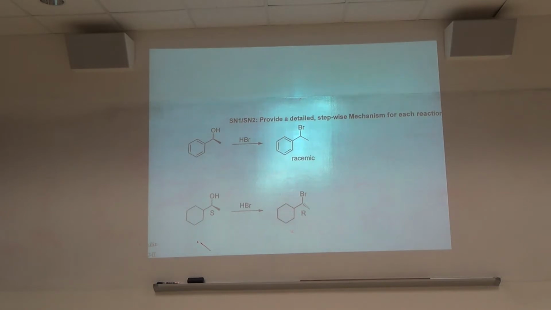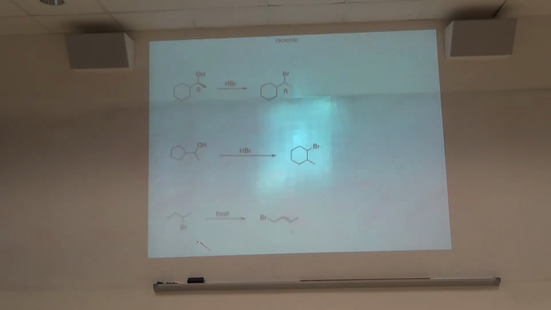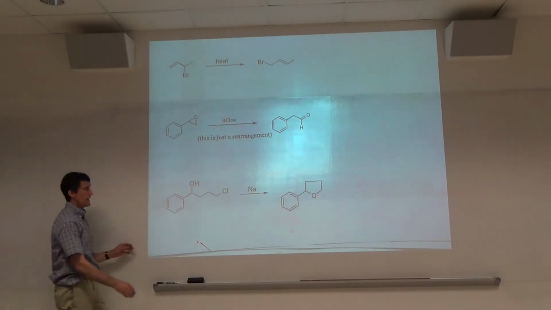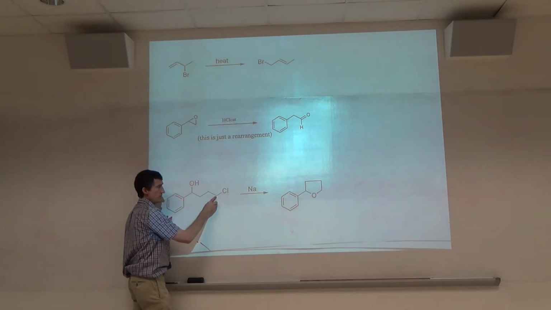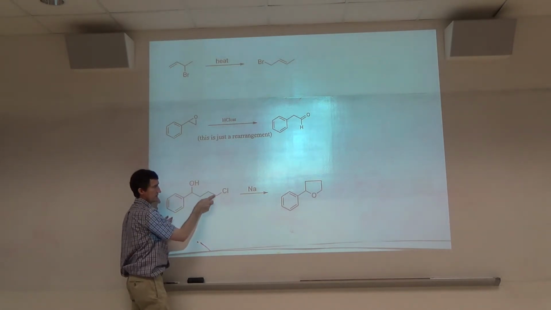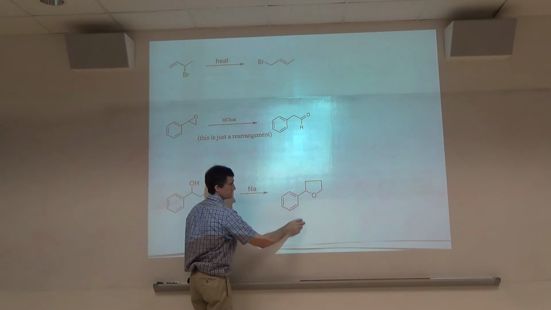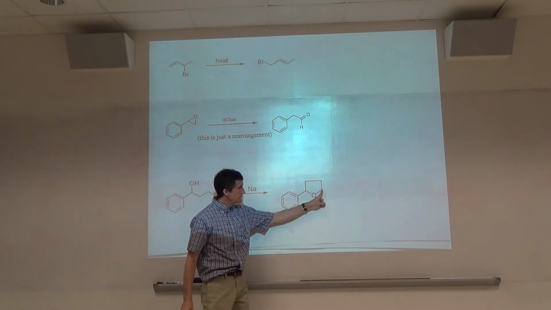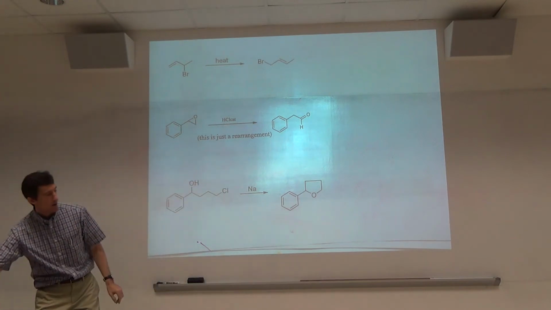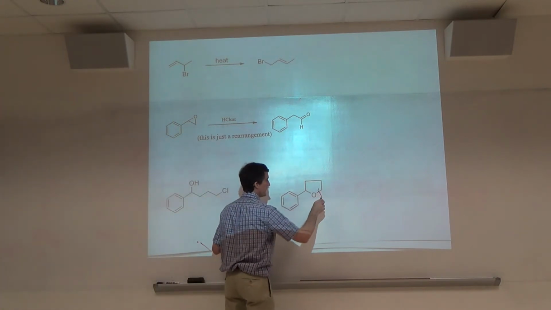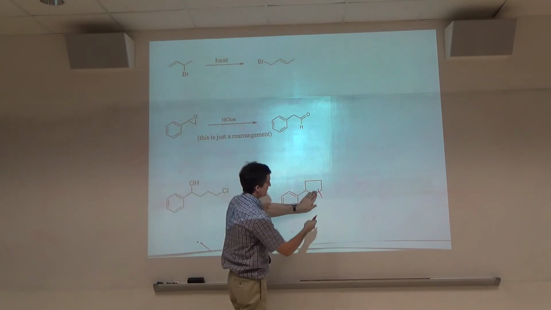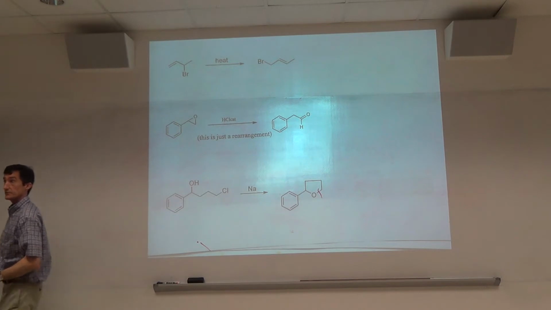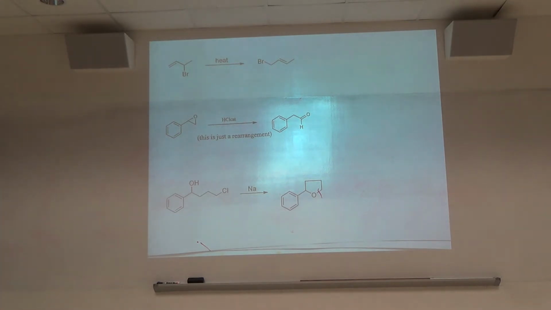Down below, we have a cyclization reaction where instead of a chlorine on this carbon, the oxygen is now bonded to the carbon. And we made, you can see which bond we just made. We just made that bond right there. Used to be a chlorine bonded there, now the oxygen is bonded there, but the oxygen is also bonded back around, so you got a ring. Basically all substitution reactions.